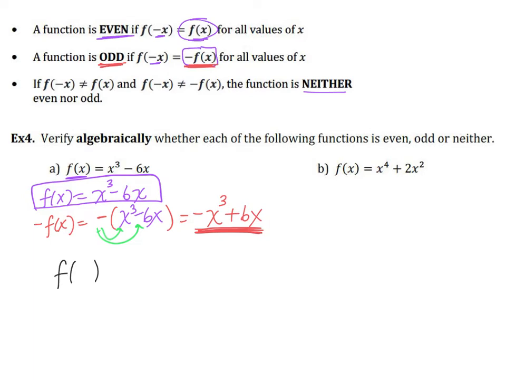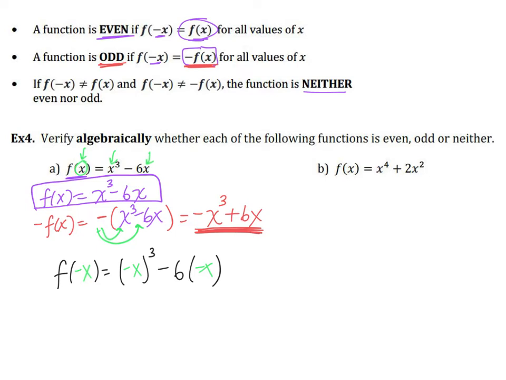I'm going to take my f and substitute in the opposite of x, so this now becomes negative x. I'm going to substitute negative x in for x up here in my original function. So I get a negative x, I cube it, and then minus 6 times negative x.